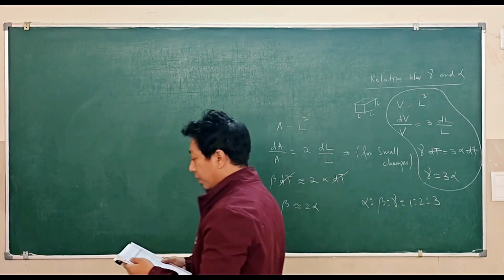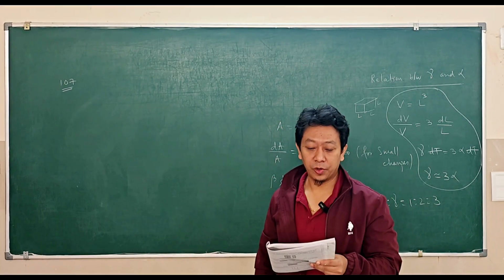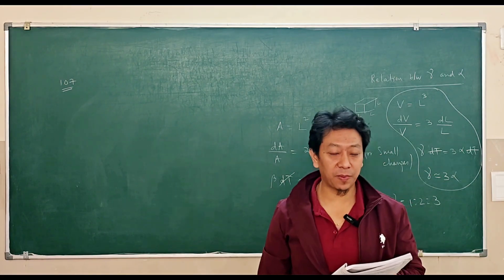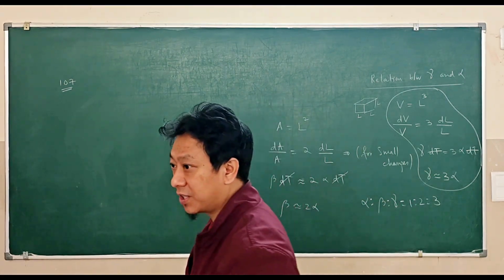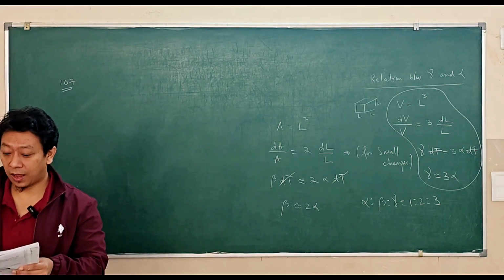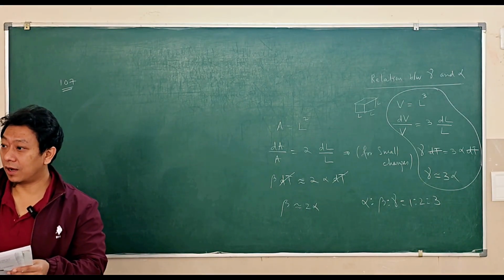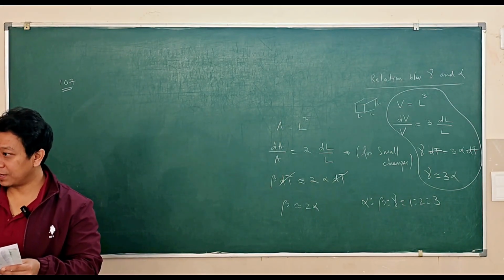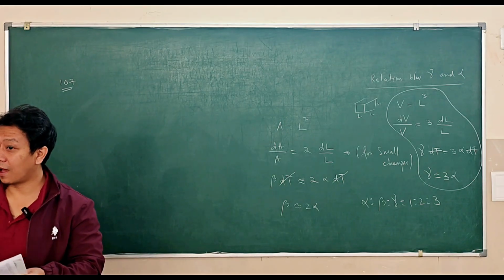See this question number 107. The coefficient of linear expansion of a cubic crystal in one direction is alpha 1 and in other perpendicular directions it is alpha 2.